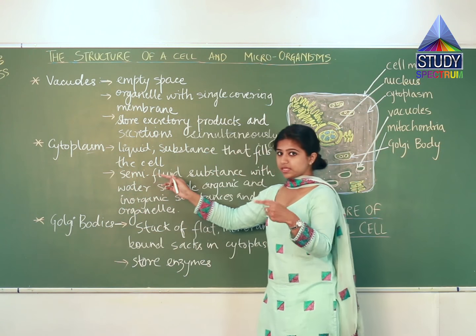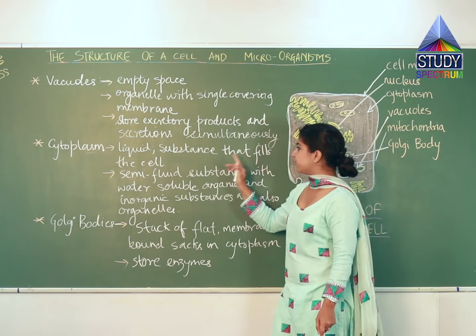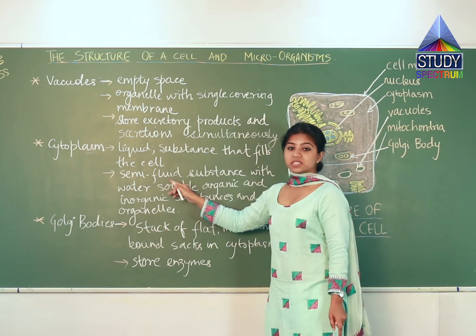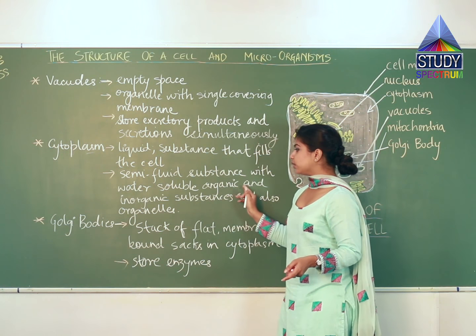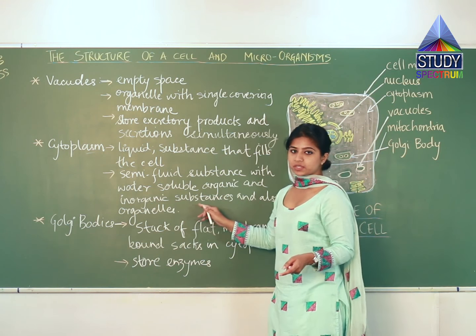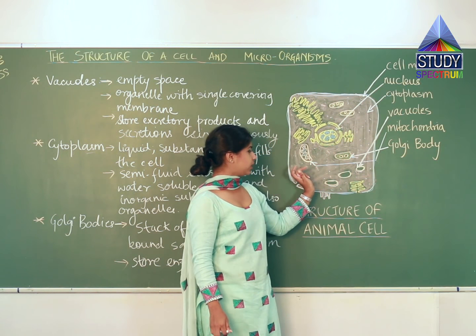So the cytoplasm is nothing but the liquid, semi-fluid substance that fills the cell. And this semi-fluid substance contains water-soluble, organic and inorganic substances, because you can see over here that it has many ions.